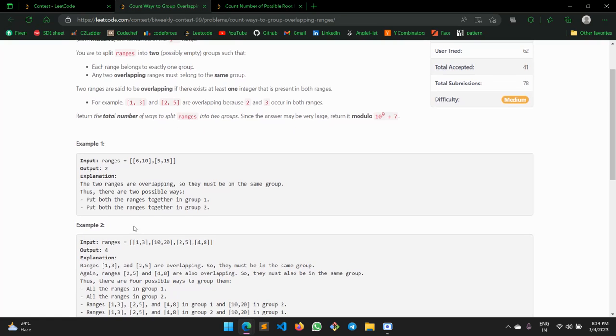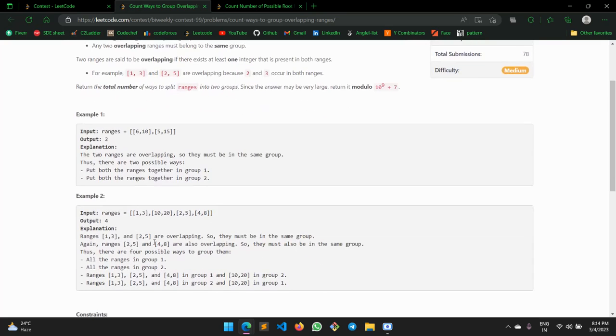So one and three overlap. So they must be in the same group. We can try to think about this problem like a graph, and we're finding components.